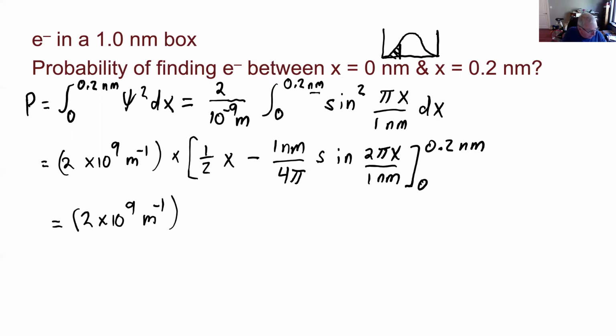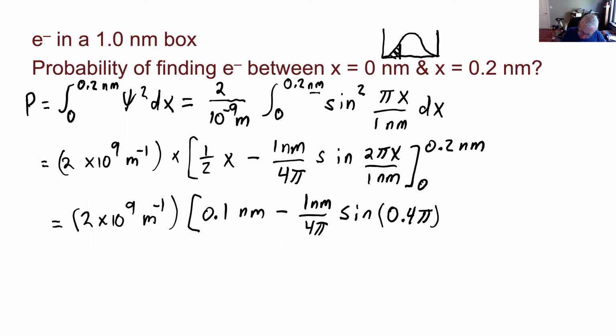And my integral piece is going to go to 0.1 nanometer minus 1 nanometer over 4 pi sine of 0.4 pi, which my notes here claim is equal to 0.0486. All right, so that says that I've got a 4 or 5% chance of finding the particle in this region.